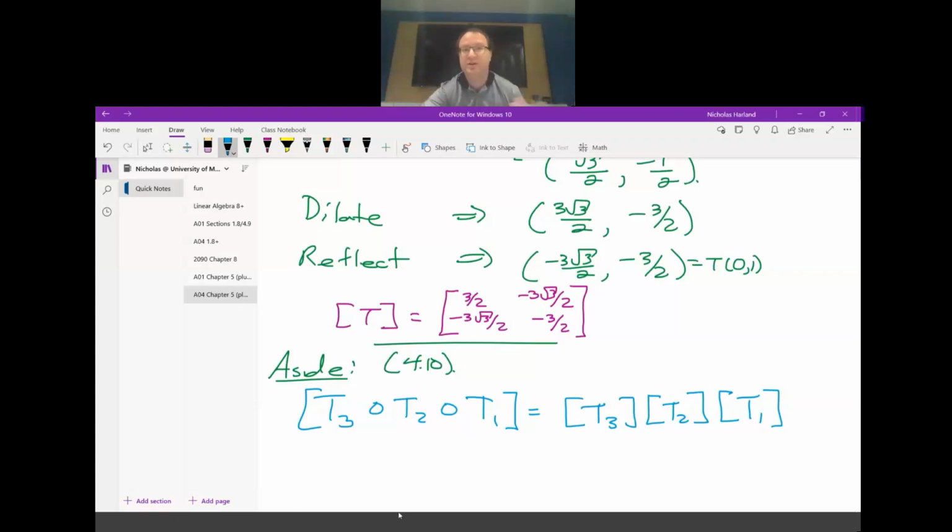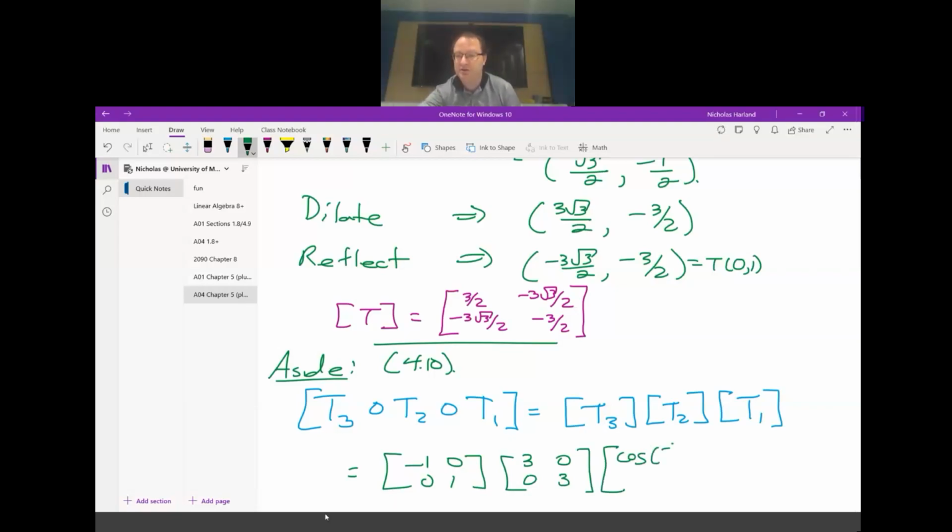In other words, we could have done this using ideas from 4.10, where we would find, first of all, our last transformation, which was the reflection, so -1001. T2 was a dilation by a factor of 3, so 3003, and T1 was the rotation, so we could use our standard matrix for a rotation.